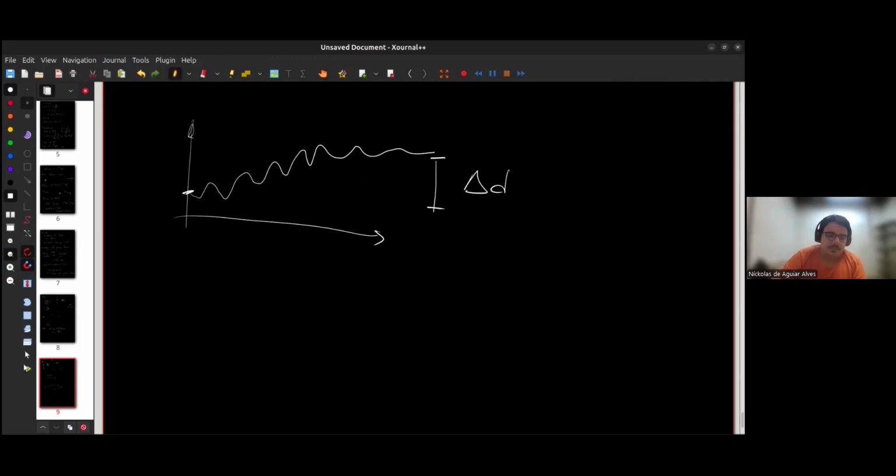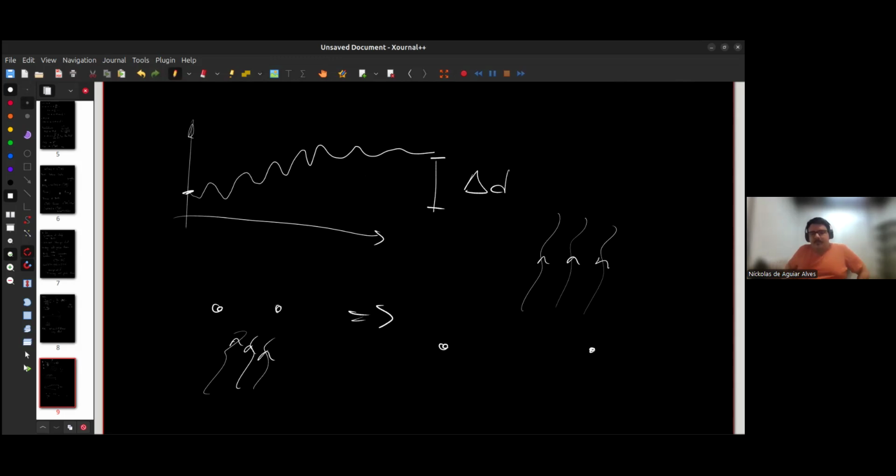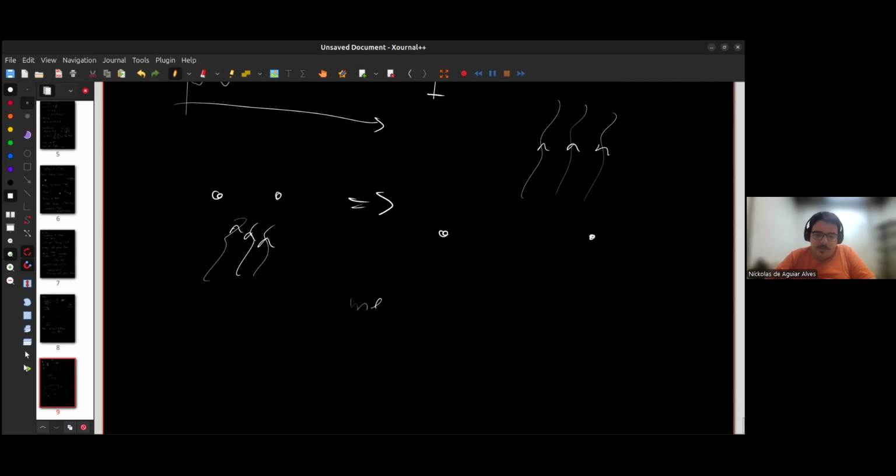So you start with your probes at a certain distance, the gravitational waves are coming in. After the gravitational wave passes, these probes are at a different distance. So in this sense, they remember the passage of the gravitational wave. This is what we call the memory effect.